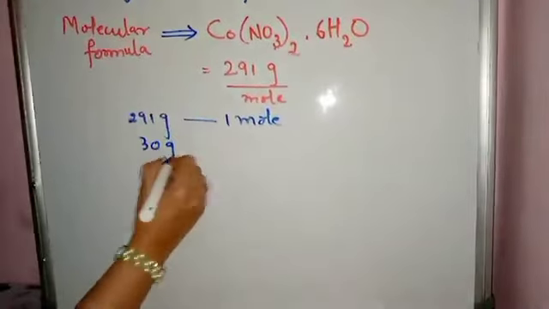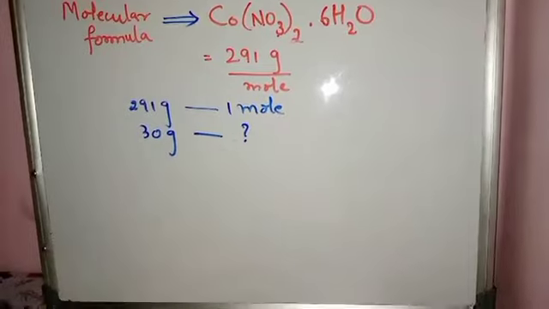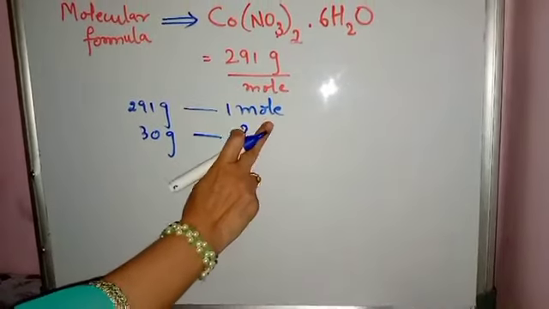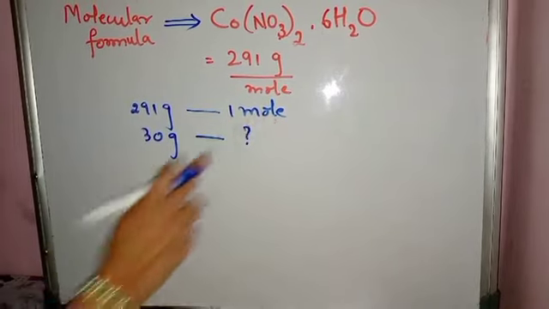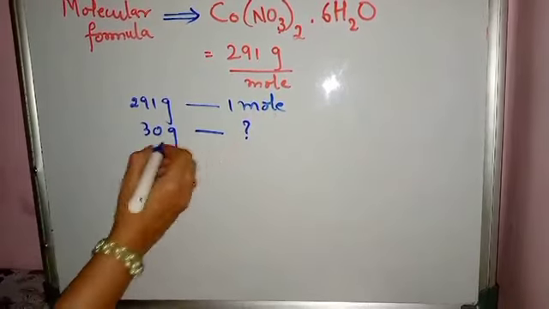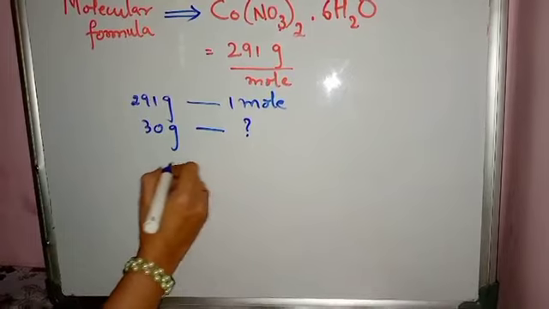In 30 grams, how many moles will it be? Since we want to find the number of moles, definitely this will be at the top. We'll cross multiply it and we have the equation.